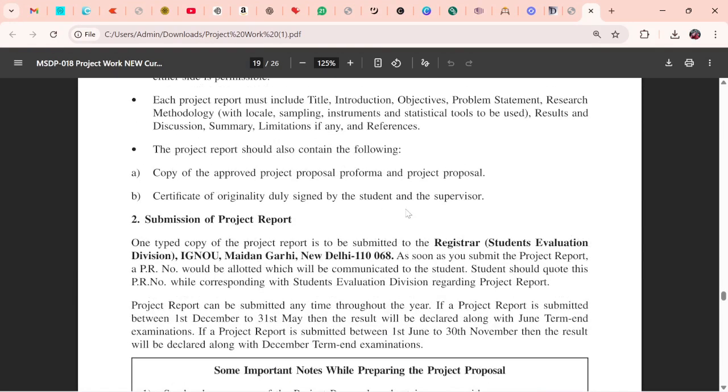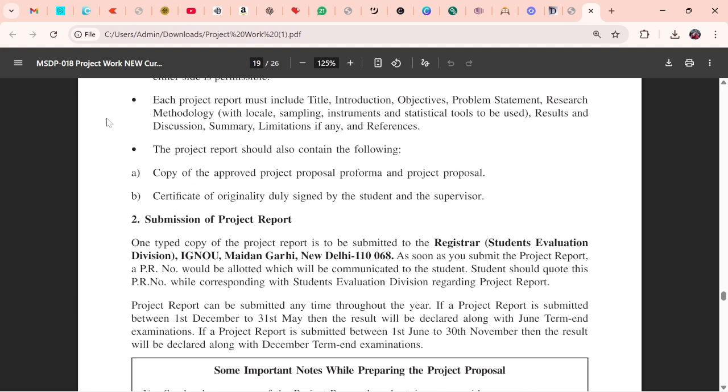And while submitting your project, copy of the approved project proposal proforma and project proposal, okay, and certificate of originality duly signed by the student and the supervisor. So while submitting your project, you have to submit the copy of the approved project proposal with proforma, and certificate of originality duly signed by the student and supervisor.